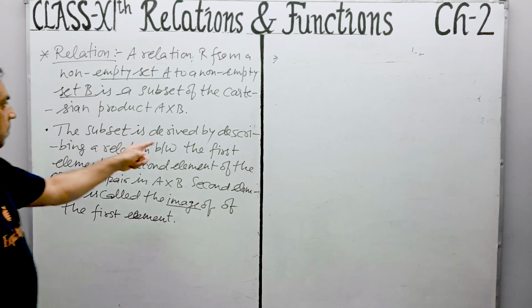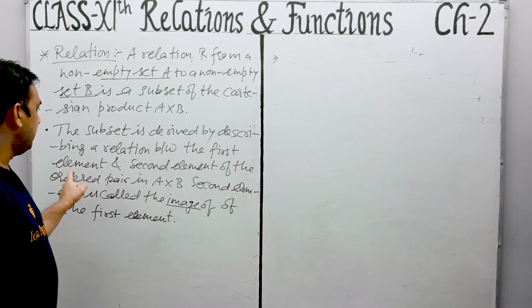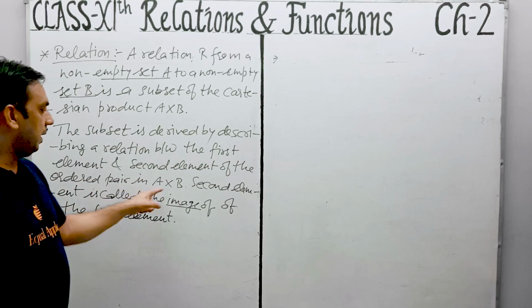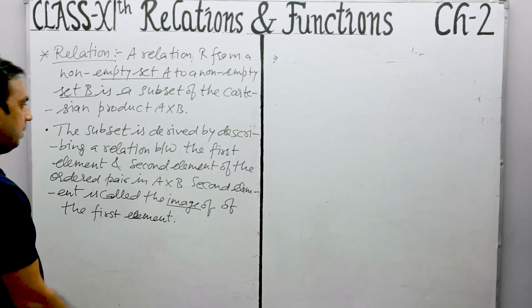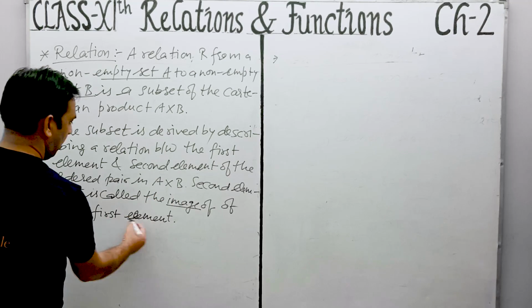The subset is derived by describing a relationship between the first element and the second element of the ordered pair in A cross B, right? The second element is always called the image of the first element.